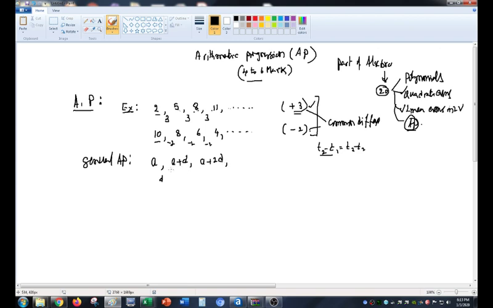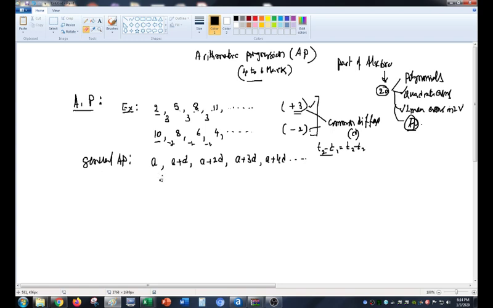That means we are adding a D for every term to get the next term. So D we call the common difference. The next one is A plus 3D, next A plus 4D and so on. So this is a general arithmetic progression, right?